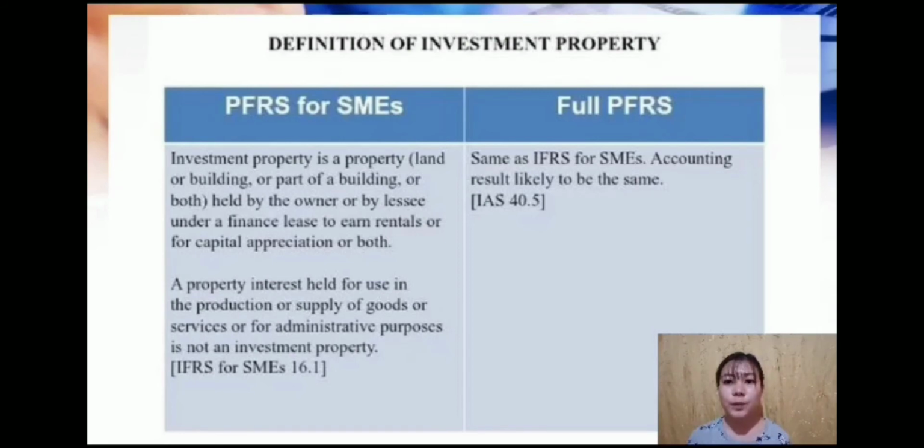The definition under full PFRS is the same as under PFRS for SMEs, and the accounting result is likely to be the same. An investment property must be measured initially at its cost. Transaction costs are included in the initial measurement.